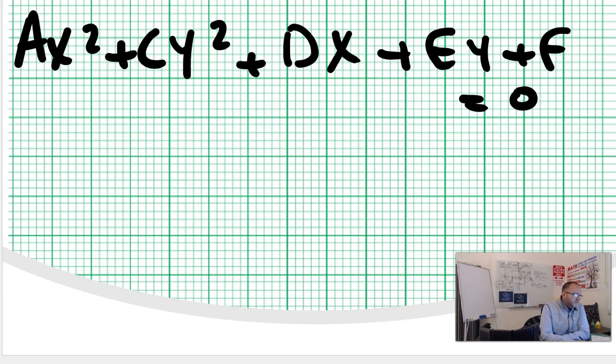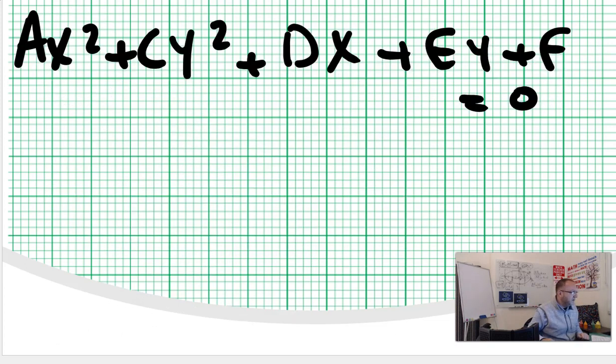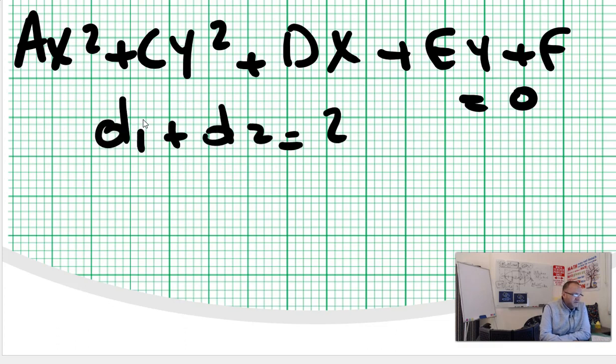Now, we also found that these two distances, PF and PF prime, distance 1 and distance 2, the distance from any moving point on that ellipse to the two foci, D1 plus D2, or PF plus PF prime, or AF plus AF prime, equals 2A.